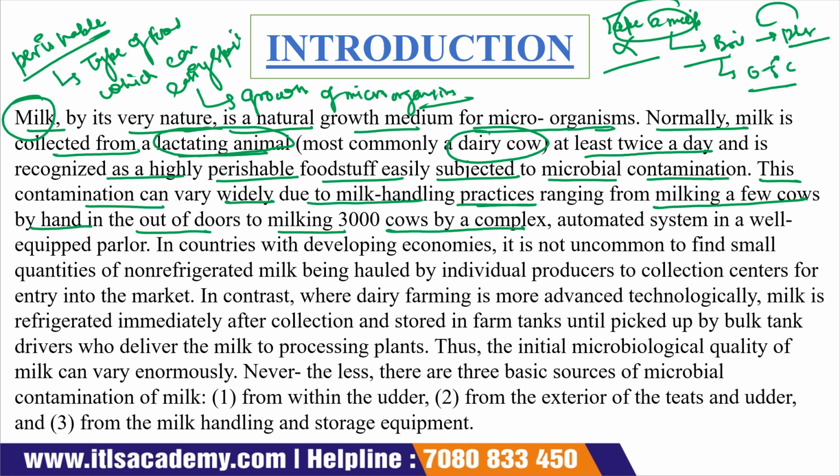So there are two types of milking. One is by hand, done by a milkman, and the second is an automated system in a well-equipped parlor.